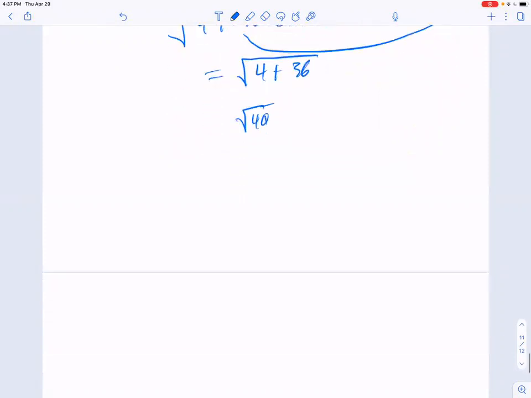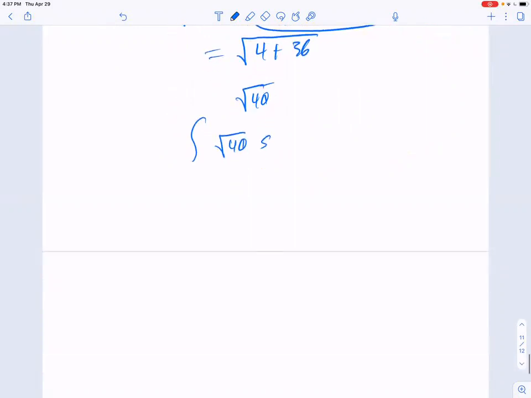So now that we've found the differential velocity and speed, all we have to do is integrate this guy. So root 40, let's integrate by s so that no one gets confused. Oh no, sorry. Let's integrate by t, because this time we are actually moving along the curve. So we'll integrate by t, and we're just going from 0 to 2 pi, okay?